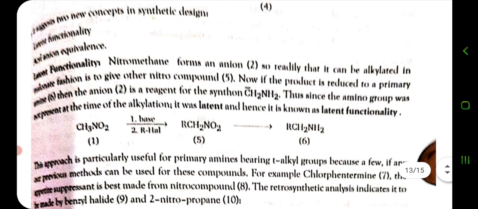Nitromethane forms an anion so readily that it can be alkylated in malonate fashion to give other nitro compounds. Now if the product is reduced to a primary amine, then the anion is a reagent for the synthon, and since the amino group was not present at the time of the alkylation and it was latent, it is known as latent functionality in this reaction.